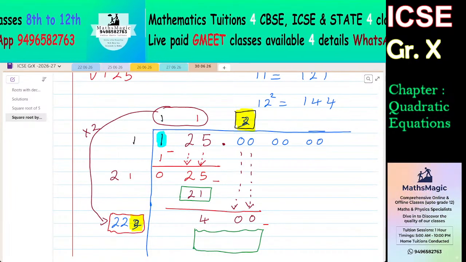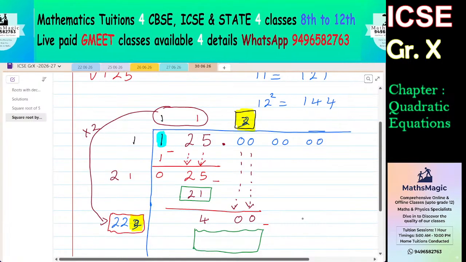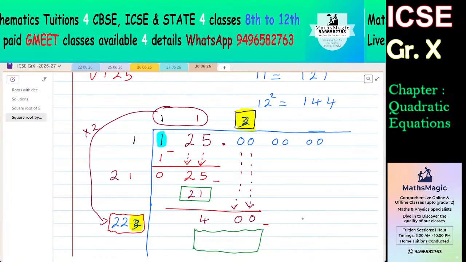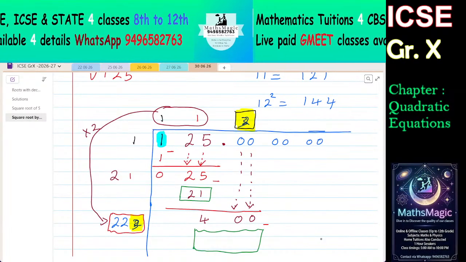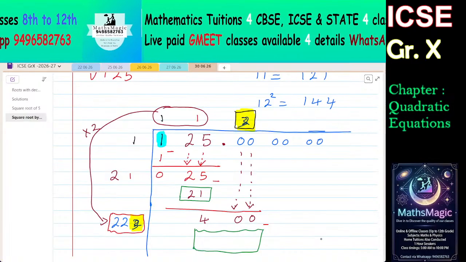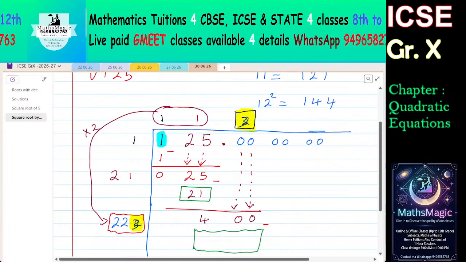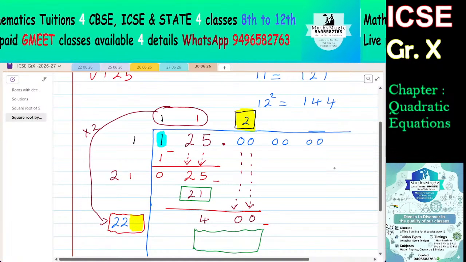Okay, hope everyone has completed finding the square root, and you might have got the square root of 125. I'll just complete it.